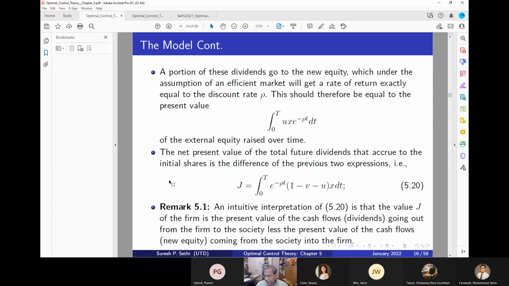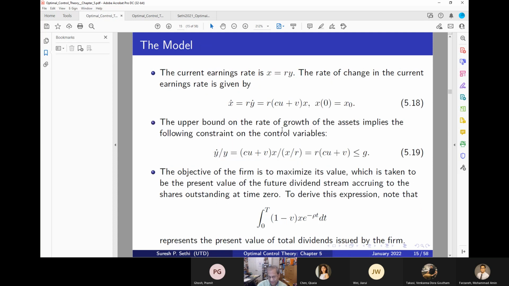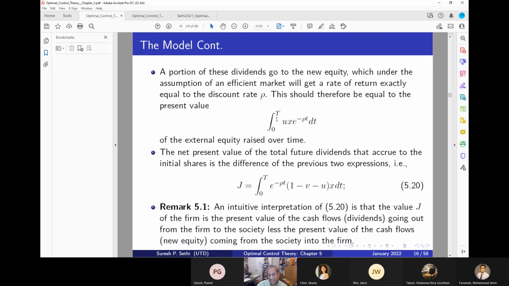A firm is valued for the net outflow of cash from the firm to the society. So it is what it gives to the society minus what it takes from the society. This is what it gives to the society. This is what it takes from the society.